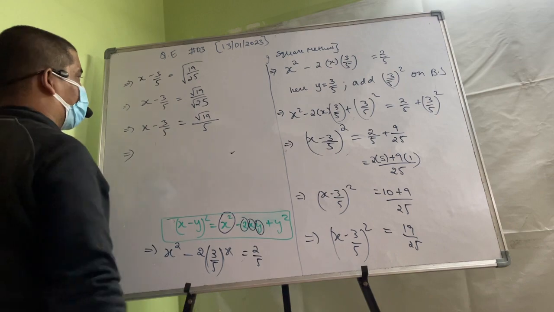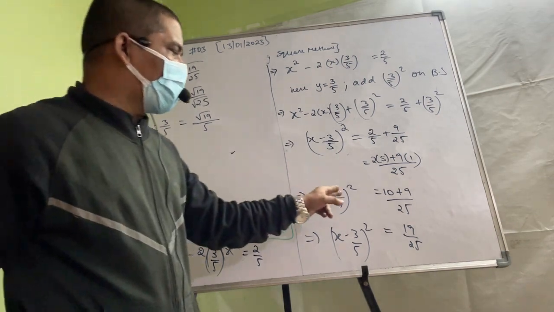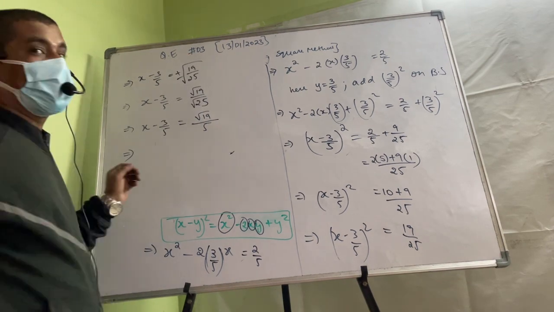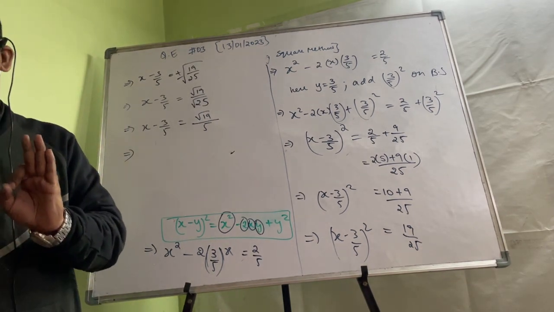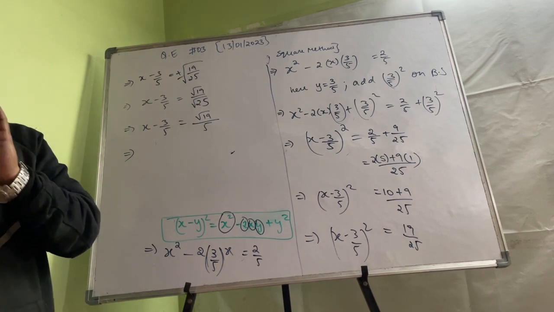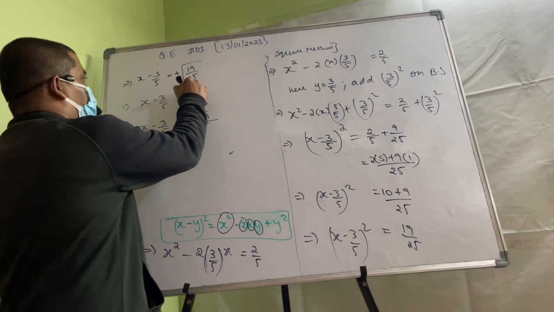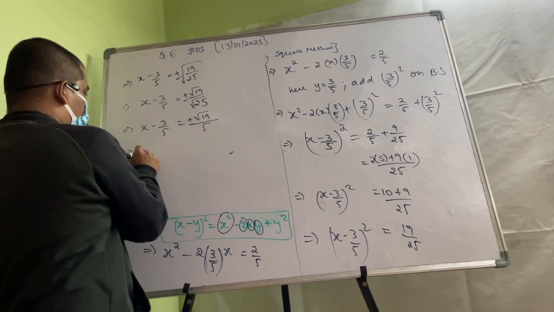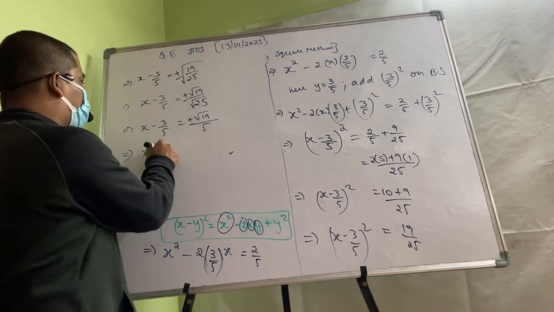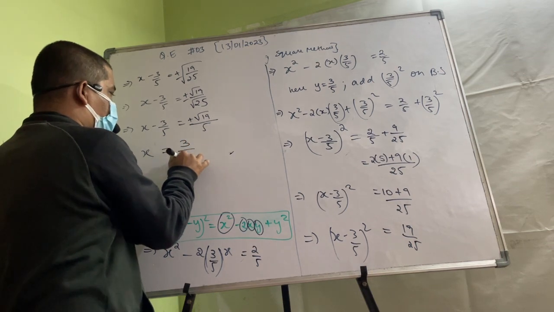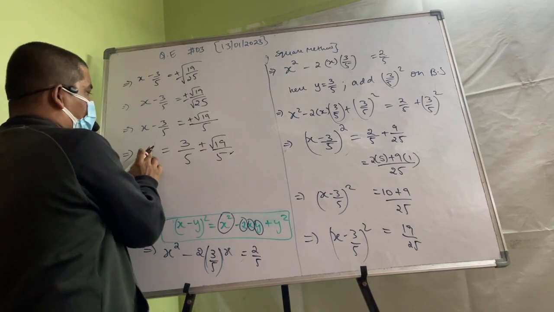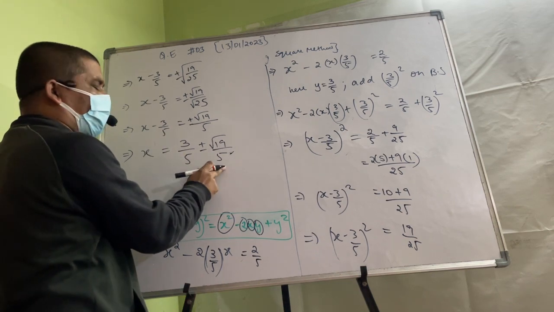Next, see students. Whenever you are sending the square over, you write plus or minus, in the quadratic equations chapter only. Not in others, but in this you should do plus or minus. Now 3 by 5 goes to the other side, and this will become plus 3 by 5. So we got two values now.